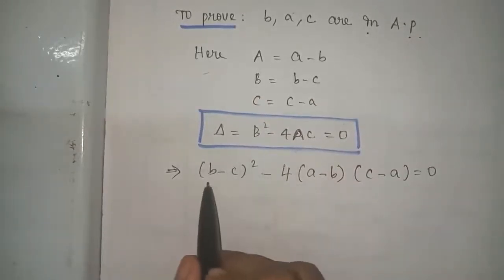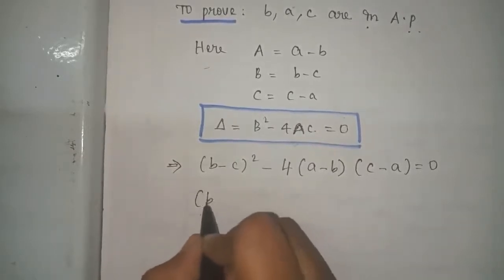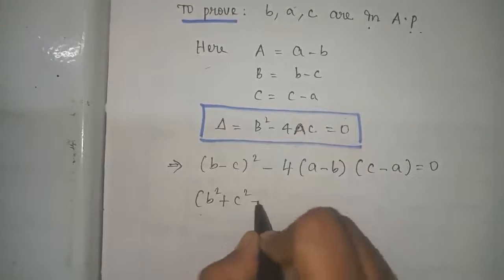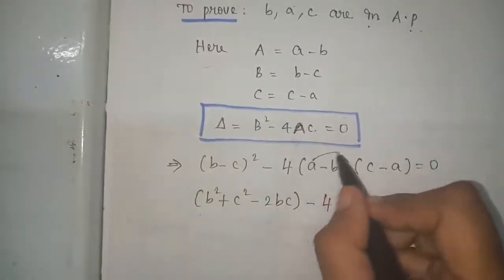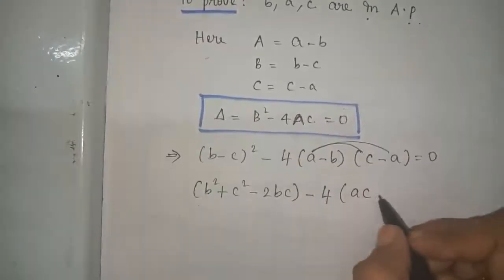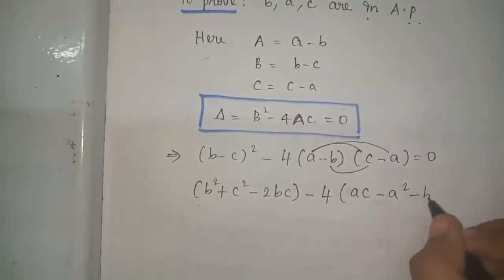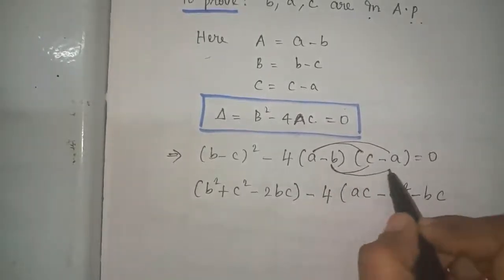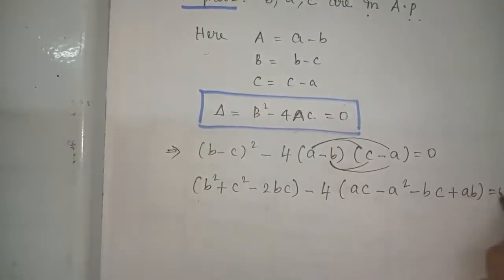Now it is in the form of a minus b whole square, so you have to expand this. So b square plus c square minus 2bc, minus 4 into a into c is ac, a into minus a is minus a square, minus b into c is minus bc, minus b into minus a is plus ab, which is equal to 0.